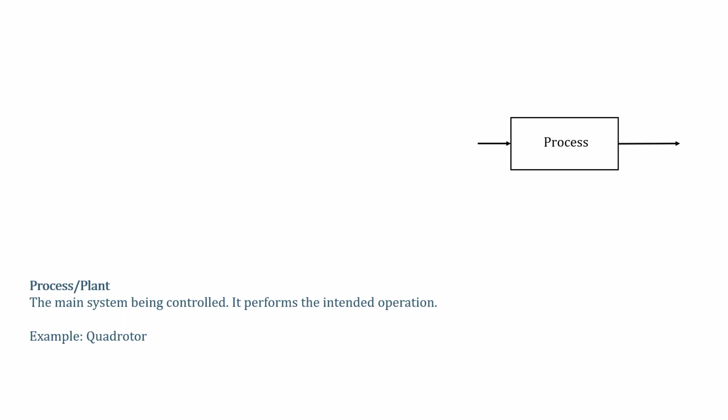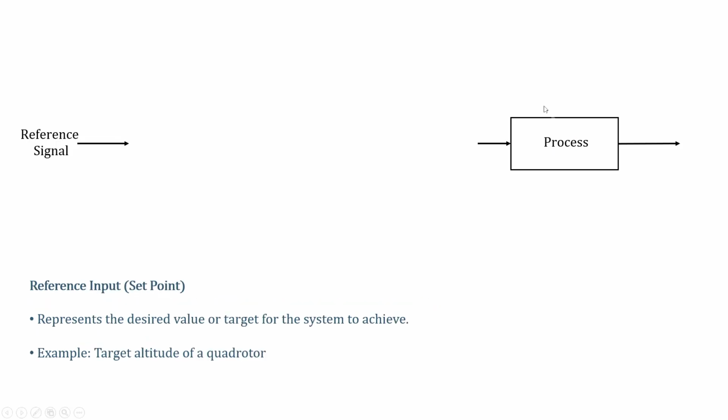Suppose it was at ground and I want it to move to say 1 meter above the ground. So the desired outcome of the plant is that the quadrotor should move up to say z equal to 1. That is the desired output. So the plant in this case would be the quadrotor.